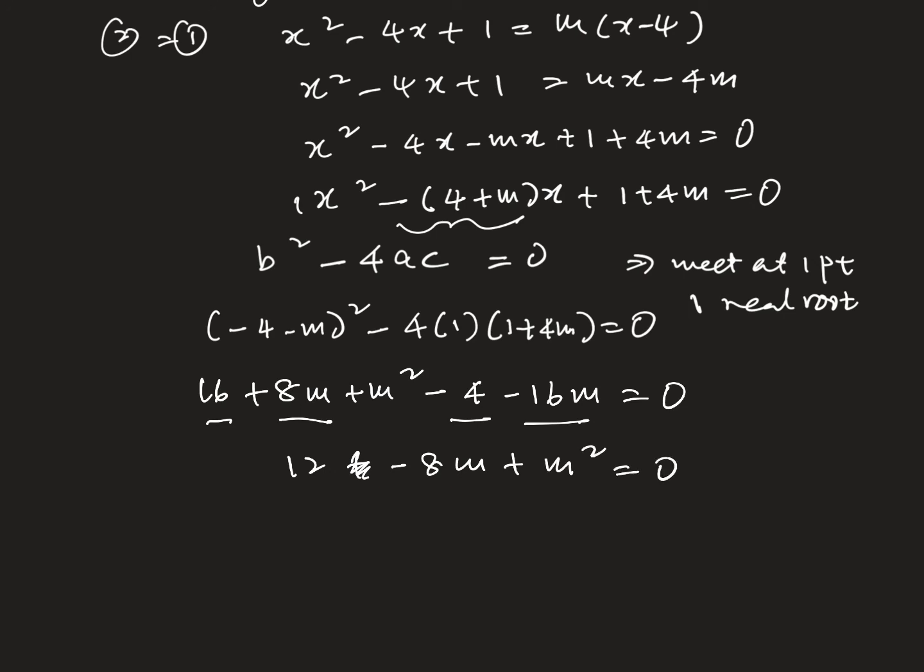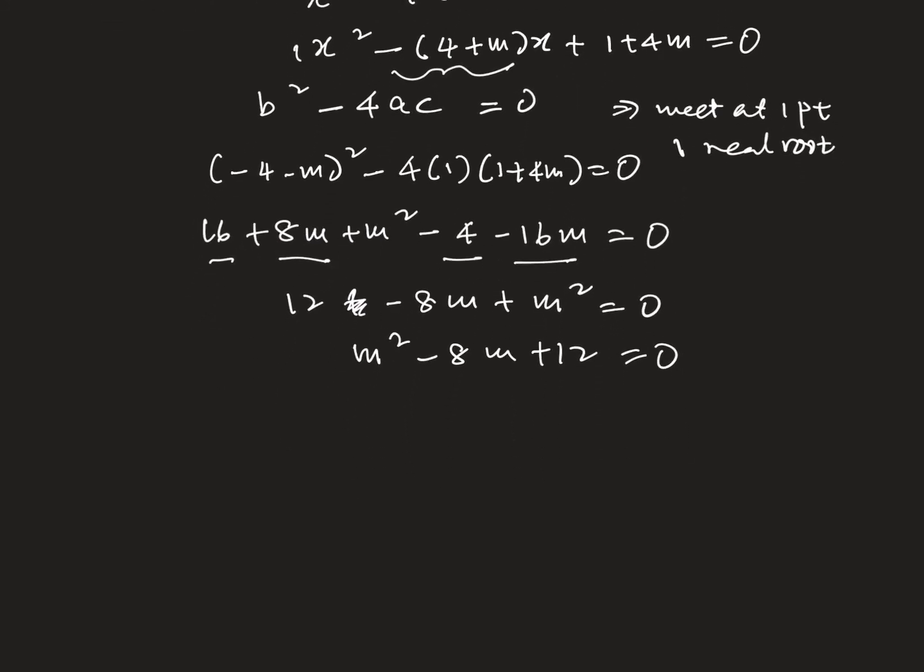So m squared minus 8m plus 12 equals 0. If we factorize this, you should get negative 6 and negative 2. So m minus 6, m minus 2 equals 0. So m equals 6 or m equals 2.